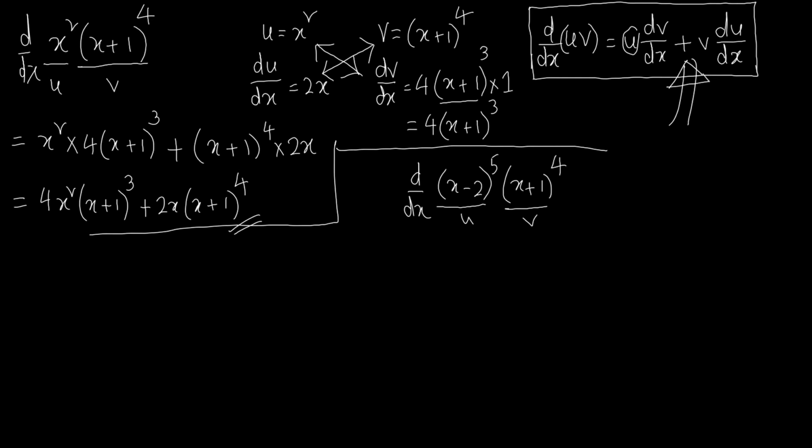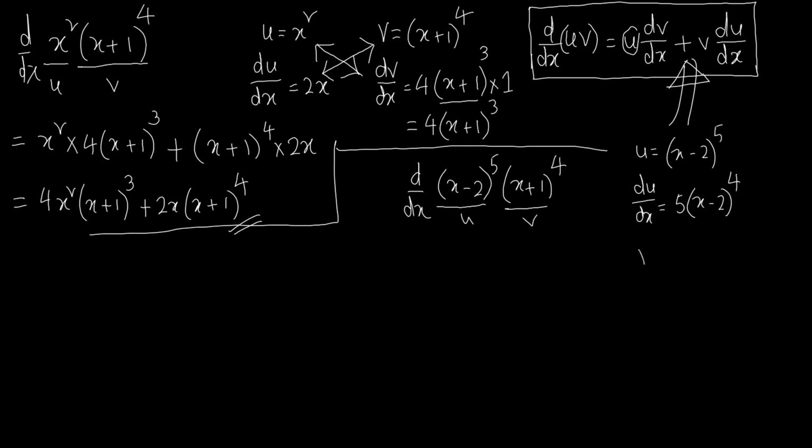So if u equals (x minus 2) to the power 5, then du by dx we can write as 5 (x minus 2) to the power 4, and if we differentiate inside we get 1, so we do not even need to write it.